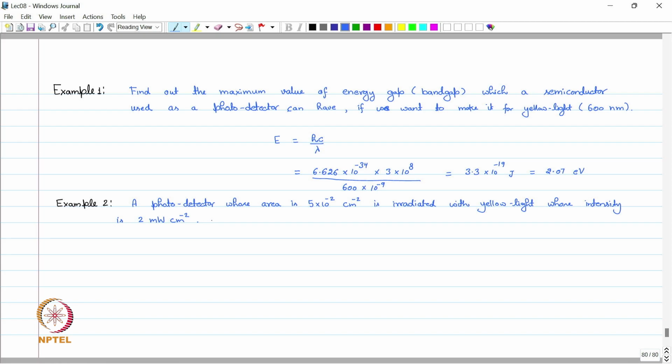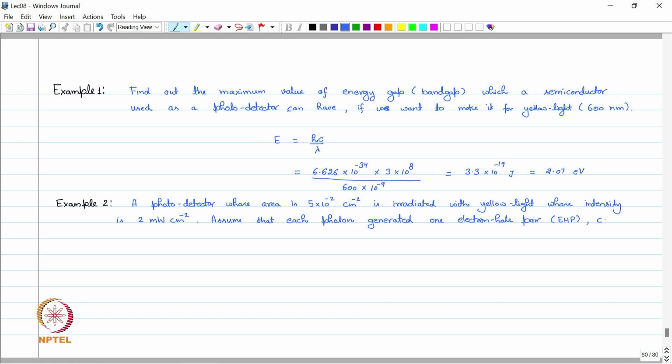So now we assume that each photon generates one electron hole pair, in short we can write electron hole pair as EHP.